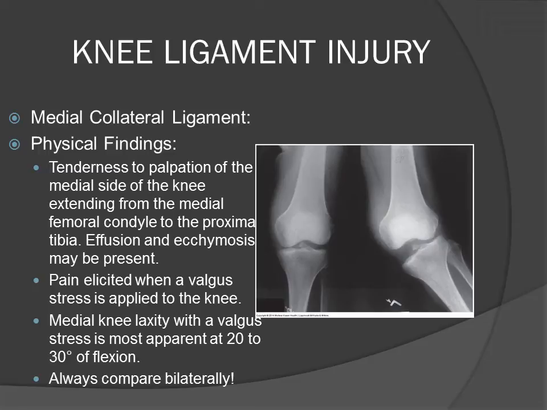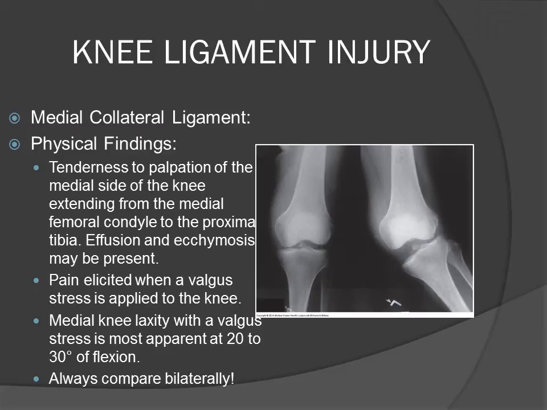Now, pathognomonic for this condition is pain, meaning medial knee pain, elicited when a valgus stress is applied to the knee. And you want to apply this valgus stress to the knee with the knee in 20 to 30 degrees of flexion.